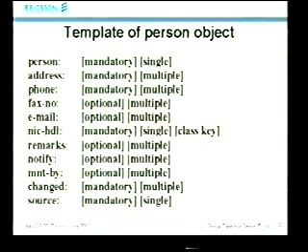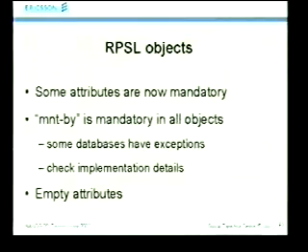You must check the implementation of the database you're using, because some software removes empty attributes. They see it as a security risk and they want to preserve the data as the user sent it in. So you want to check your implementation details when you're reading the RFCs and the documentation on RADB or whatever, and see what they do to empty attributes.